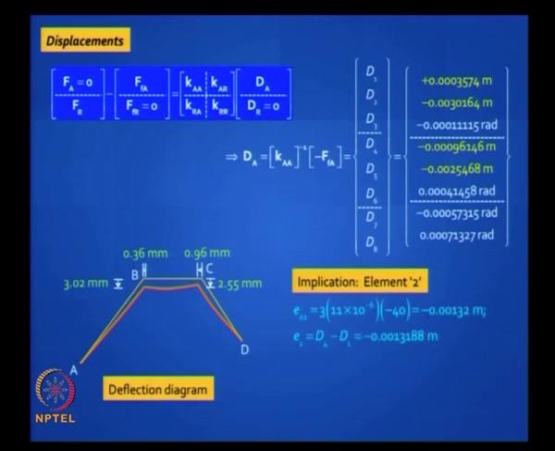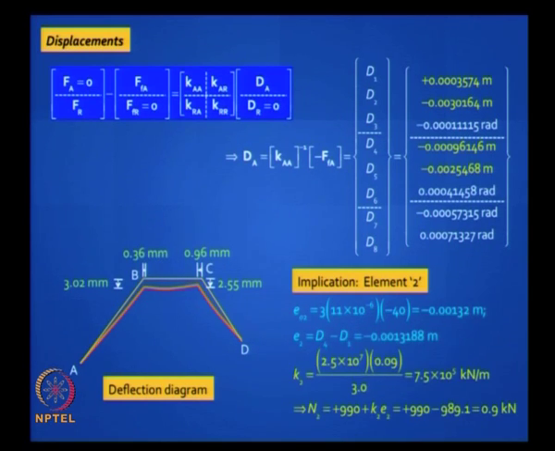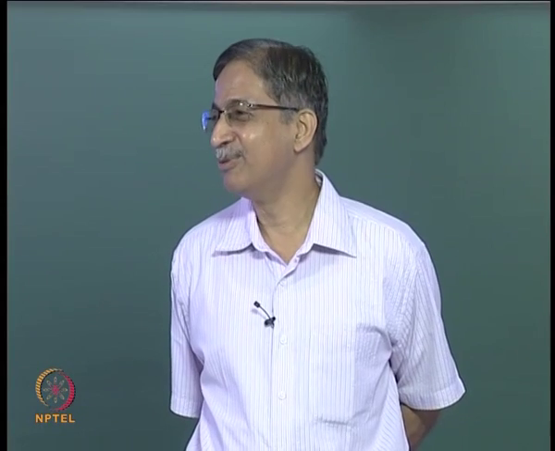So close that if you work out the actual stiffness of that element, EA by L of the element, multiplied by that and add the fixed end force, plus 990 minus 989.1. Ladies and gentlemen, the force is less than 1 kilonewton. This is really beautiful, right?